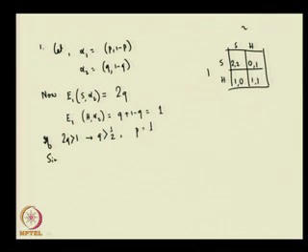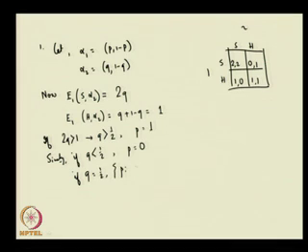Similarly, if Q is less than half, P will be equal to 0. If Q is equal to half, P can take any value. Any value of P is optimal.